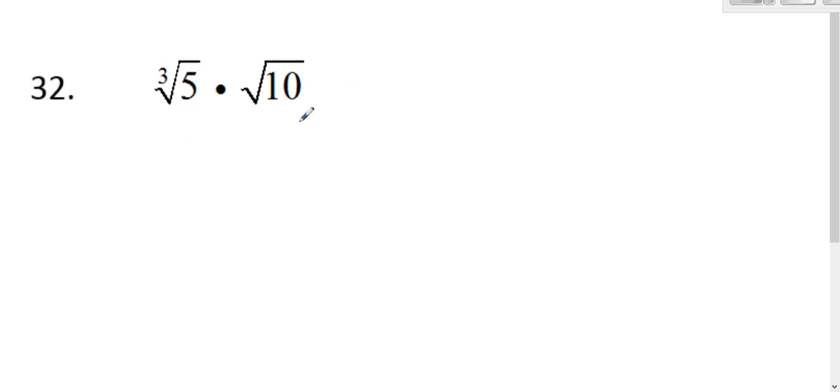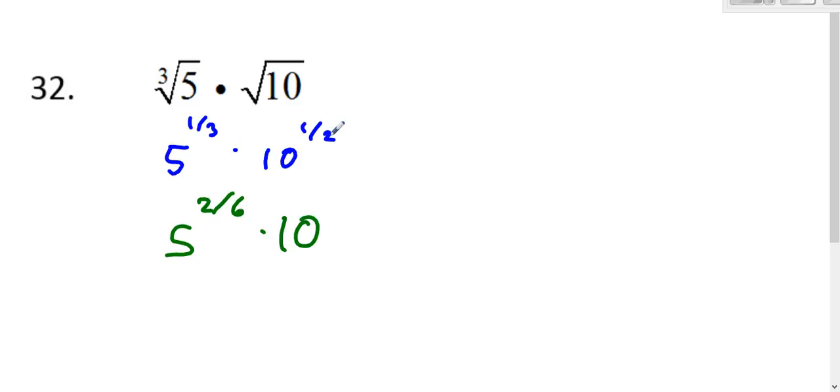When you're multiplying and they have a different index, write them as a fraction or a rational exponent. So we have a 1/3 power and a 1/2 power. And we just need a common denominator with our exponents now. So that denominator will be 6. So make this be 2/6. And this would be 3/6.